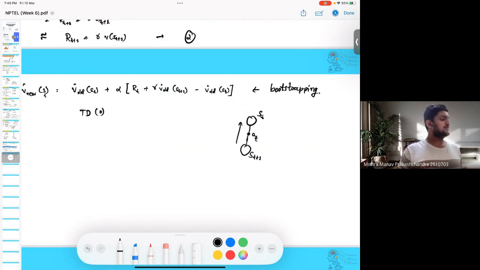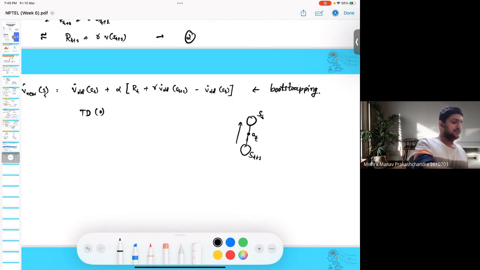Both Monte Carlo and TD0 can give similar solutions, but depending on whether the problem you're dealing with is Markovian or non-Markovian, you can leverage both these approaches. Typically, we deal with a Markov decision process, so TD0 is generally beneficial.